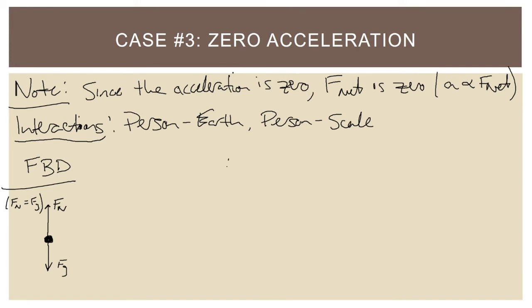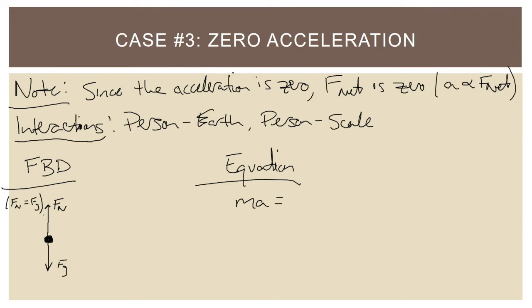Now, when it comes to writing the equation, we said the other day that when you're writing an equation and you don't know the acceleration's direction, you can just pick a direction. And so we'll write the equation assuming the acceleration is up.